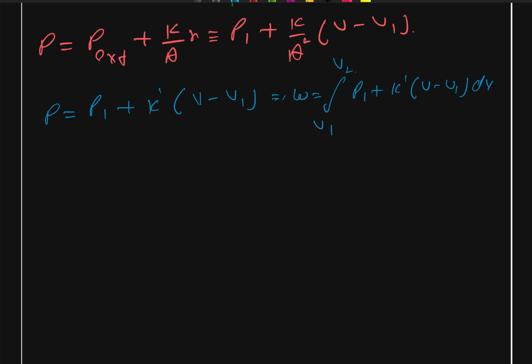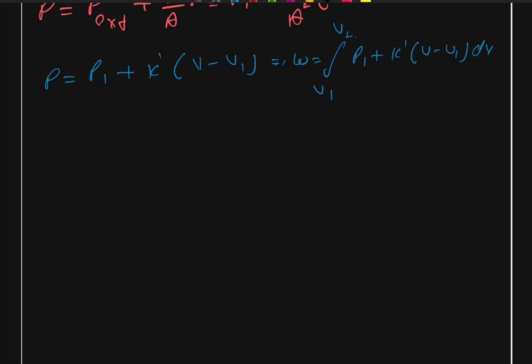Okay. And this is now quite an easy integral. So we can say our W is equal to P1 times (V2 minus V1).